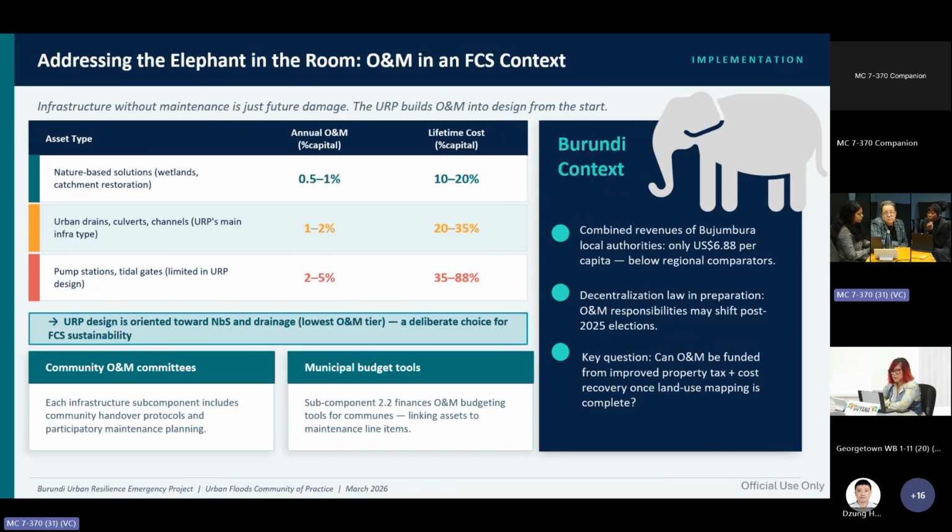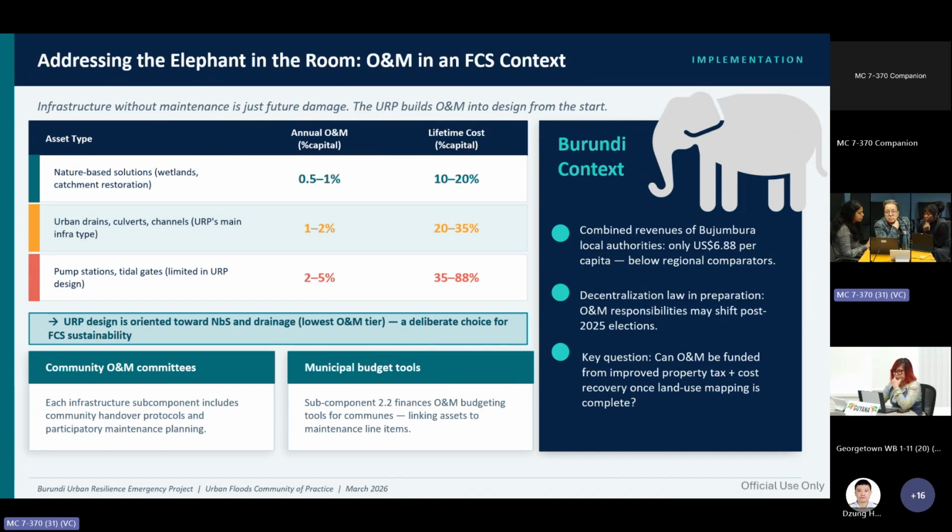The key point is that O&M is often not treated as a design constraint, recognizing that different infrastructure types have very different O&M burdens, and in this context, high maintenance solutions are often difficult to sustain under current fiscal and institutional conditions in FCV environments. So under the Burundi Urban Resilience Project, we have deliberately prioritized nature-based solutions and drainage, which sit in the lowest O&M tiers.